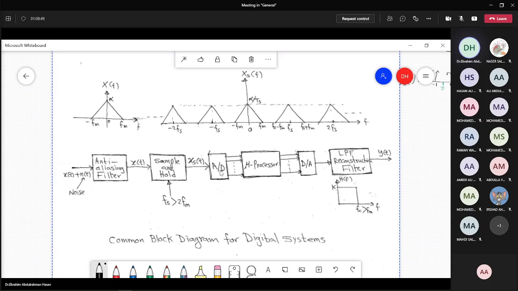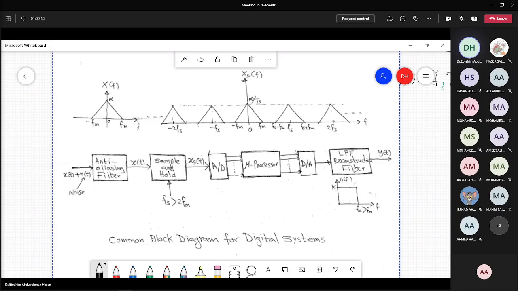Then I need analog to digital because we want to store it digitally, as 10010, so we change it from analog to digital. Okay, so we store it. But if you want to return it back, you need digital to analog, from the binary number to analog.